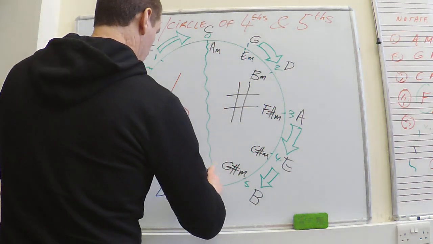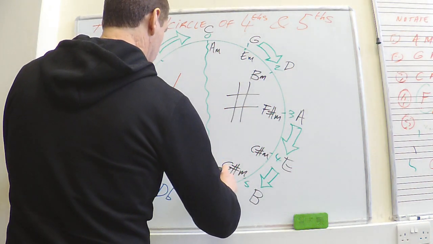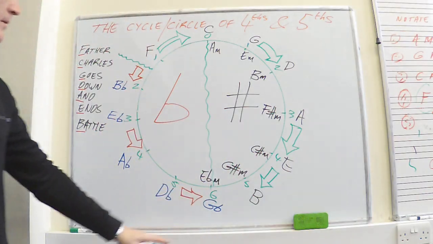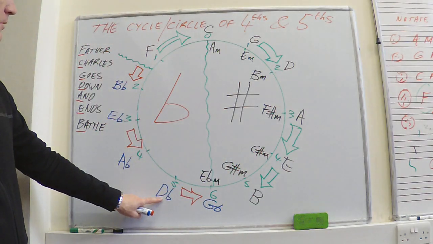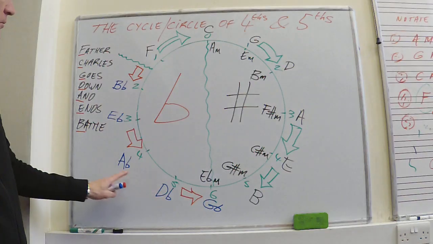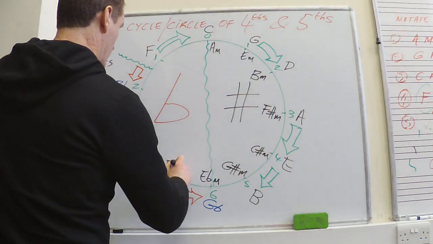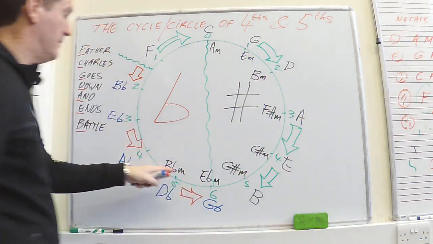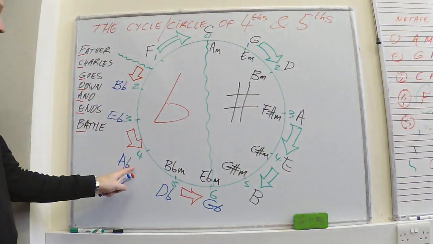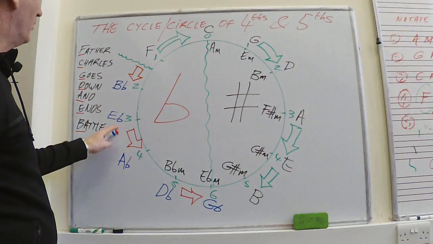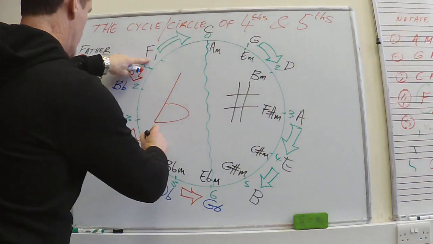Therefore, the relative minor key of G flat is E flat minor. We look at D flat. We want to find its relative minor key, +1, +2, +3. Therefore, its relative minor key is B flat minor. A flat's relative minor key is +1, +2, +3. It's F minor.